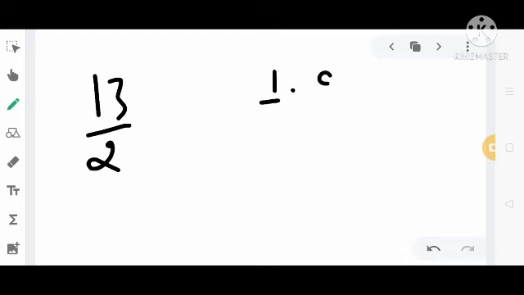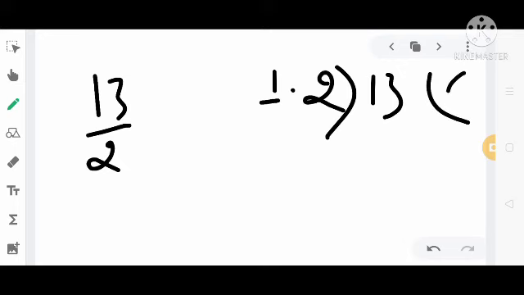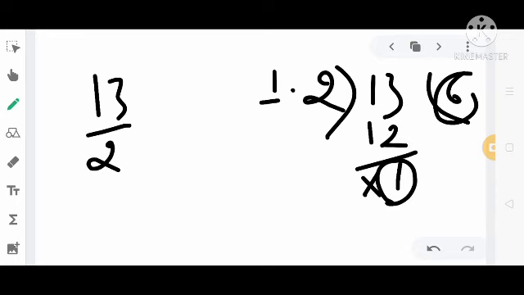Understood? For 13/2, the first step in converting an improper fraction into a mixed fraction is to divide the numerator by the denominator. 13 is divided by 2. You get 2 6s are 12, 3 2s, 1. Remainder will be 1 and quotient will be 6. Always remember, your quotient will be the whole number of the mixed fraction, 6.